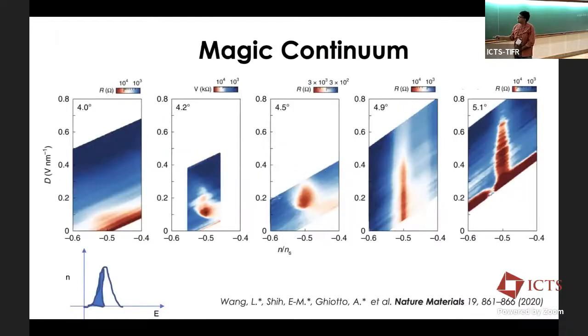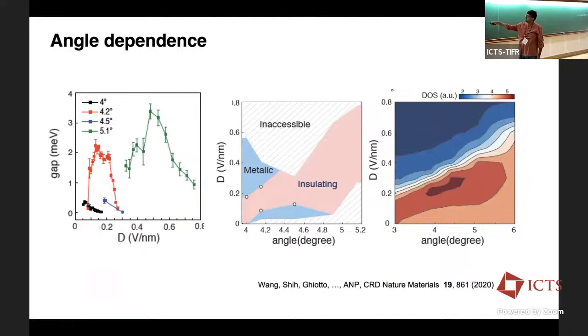The way we rationalized where in this phase diagram of electric field and density the insulating state appears is by looking at the value of the density of states. And what we found is if you look at theory and ask yourself, where is the density of states maximum? In other words, where is that Van Hove singularity close to half filling as a function of twist angle and as a function of electric field, then we find that it is indeed maximized in this range of angles and at some range of electric fields.